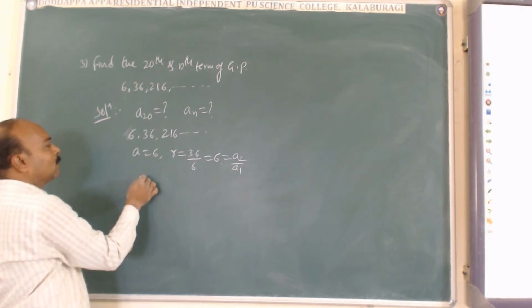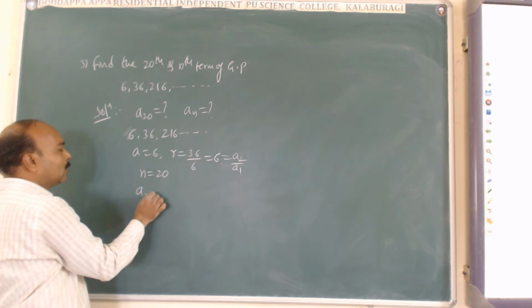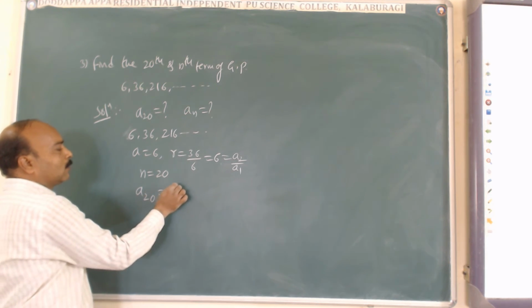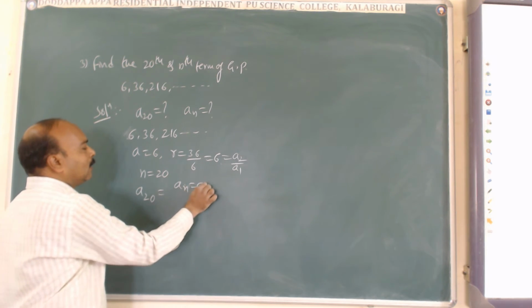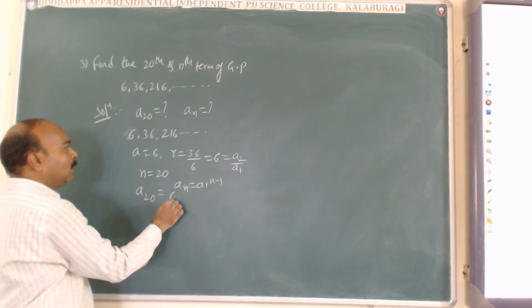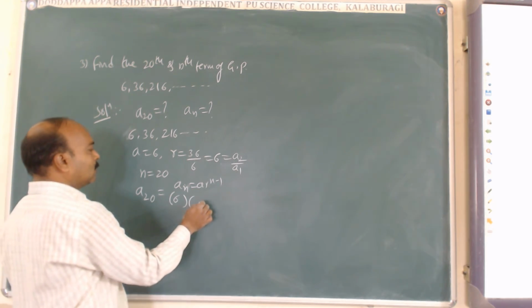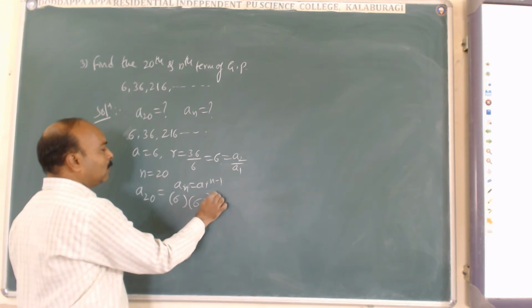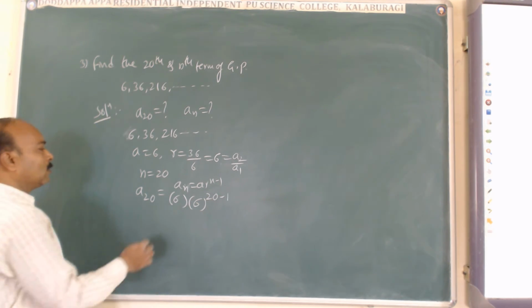Next go for the 20th term, n equal to 20, you take a20 equal to, so the formula a_n equal to a r raised to n minus 1. For a20, put a value 6, r value 6 raised to 20 minus 1, because n is 20 here.